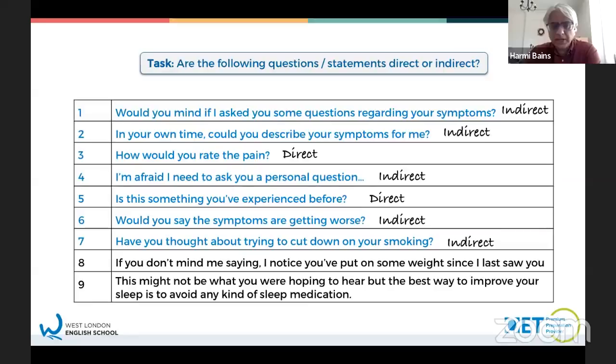It's quite a nice question, in fact, when you're trying to make a suggestion. Number 8, "If you don't mind me saying," yep, okay, this is an indirect question. And then number 9, and again, you can see it's a long sentence, but it's indirect as well.